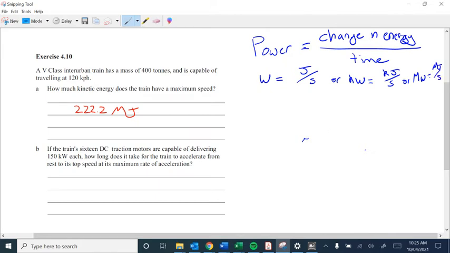For cars, we're used to kilowatts. You might have a 200 kilowatt engine, or something about that, or maybe a bit less.